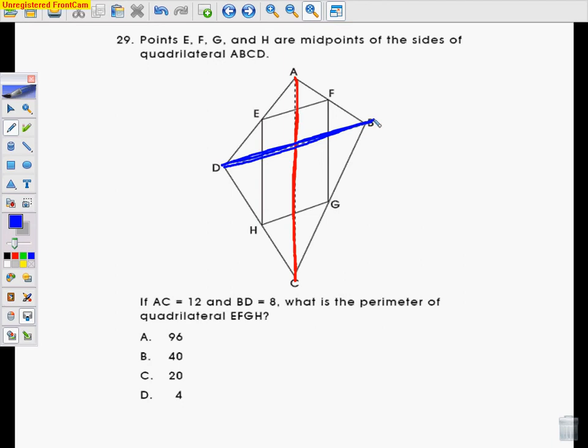seeing that, this one I would actually look at, and I would start just eliminating things that don't make sense. Okay, so this problem, I already know that this whole thing, this whole blue line is 8. And that red line cuts the blue line in half. So these are both 4. That being said, this portion, here I'll put in a different color, this portion is 4 right here.